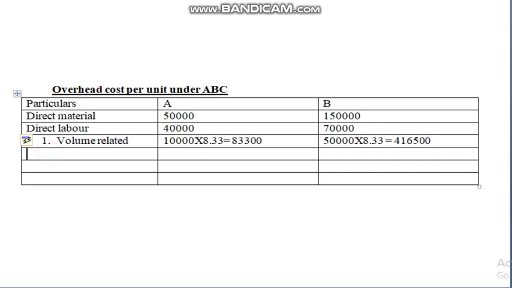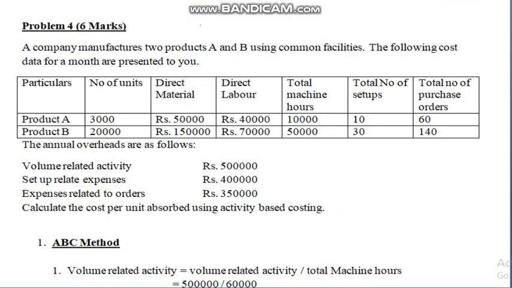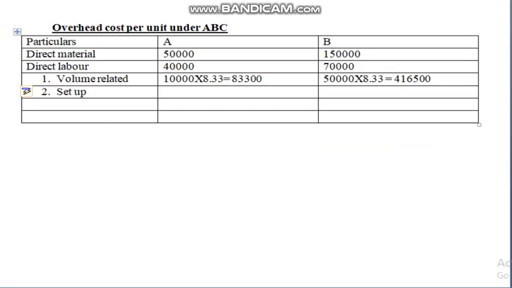Now move on to the next activity. The second activity is setup related cost. Setup related cost is based on number of setups. So the number of setups for product A is 10, and for product B is 30. What's the cost per setup?